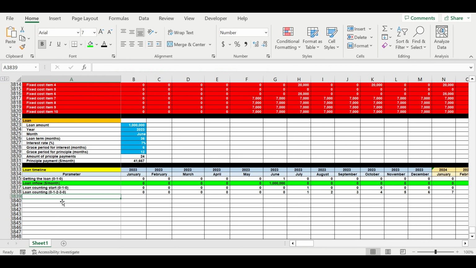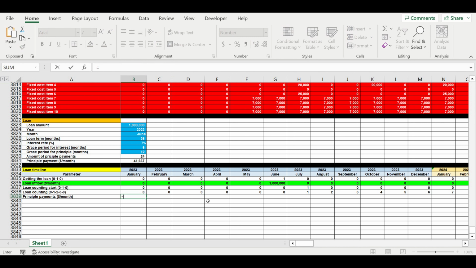So let's create a new line: principal payments, dollar per month. We will write a formula.